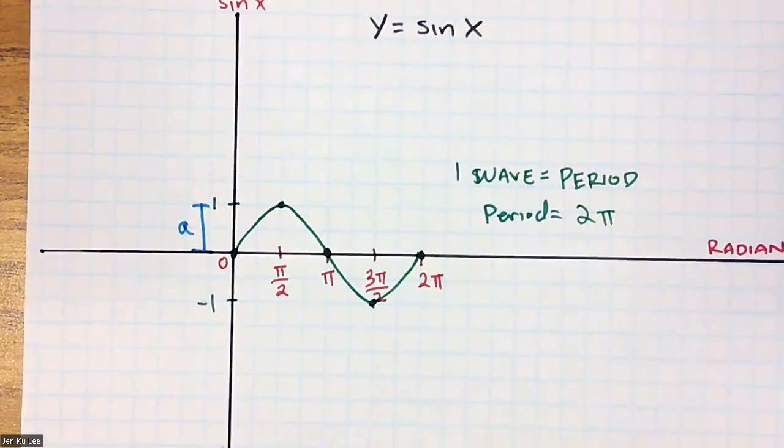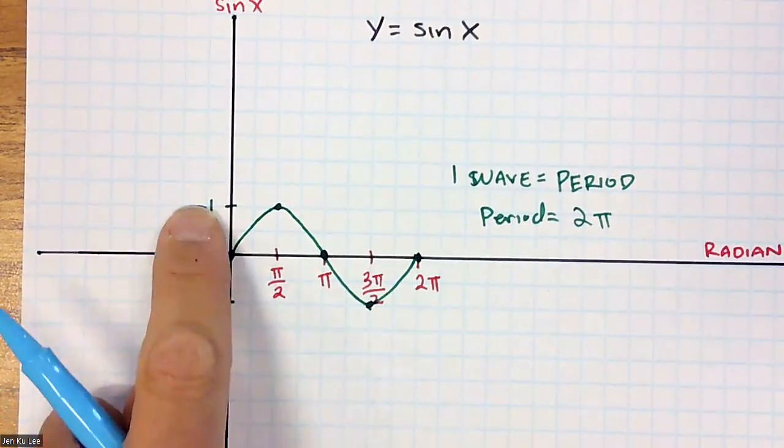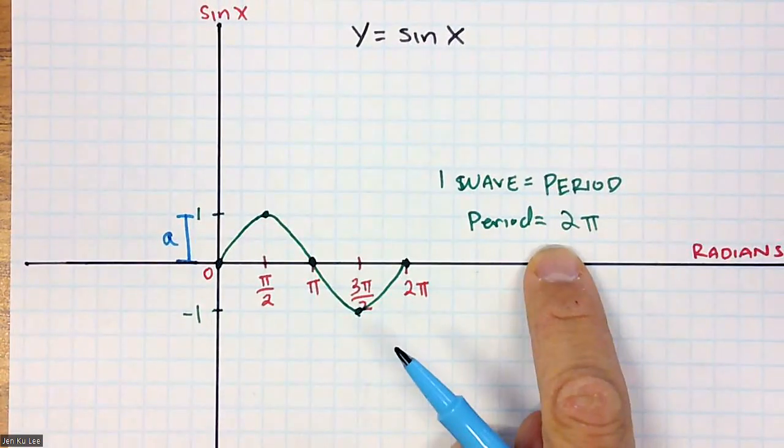And that's all we're doing today. My A value is 1. My period is 2 pi.